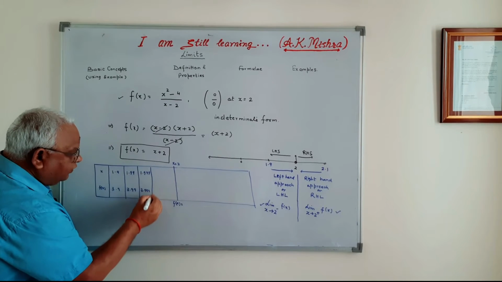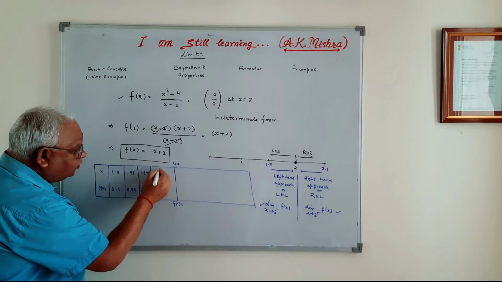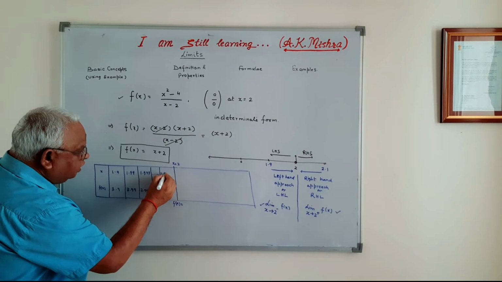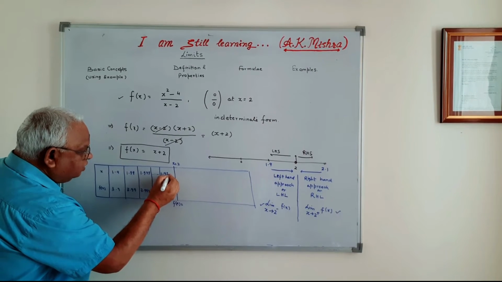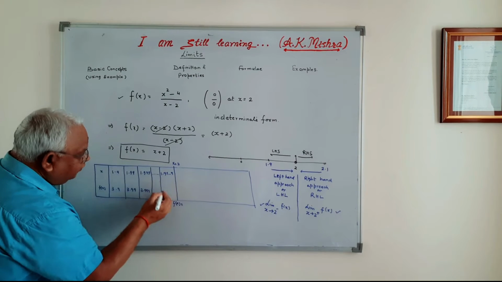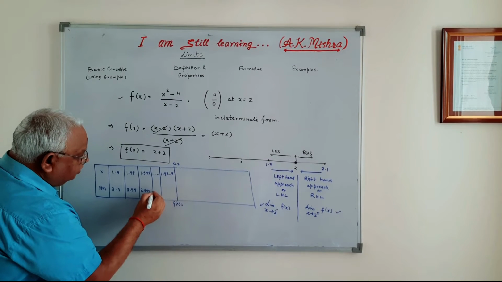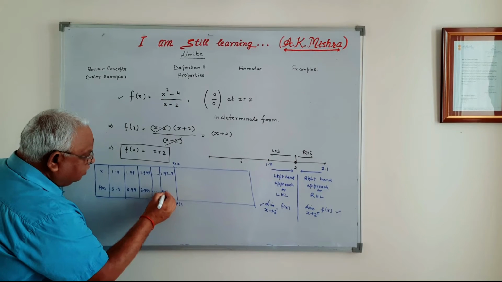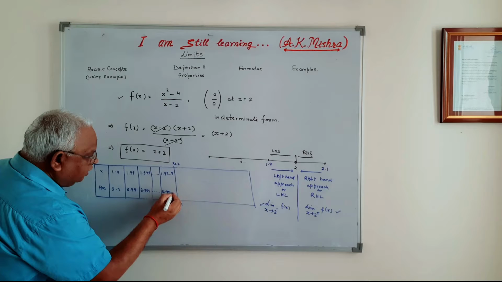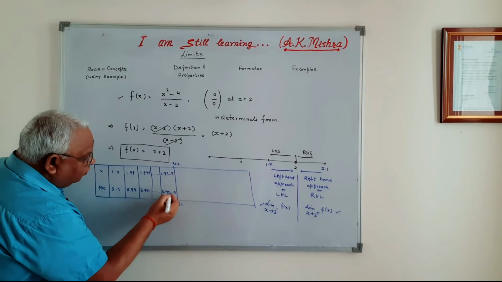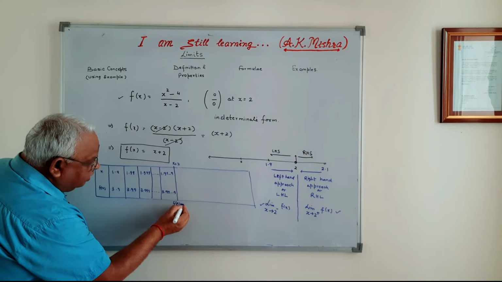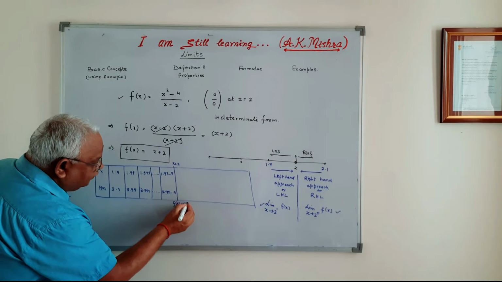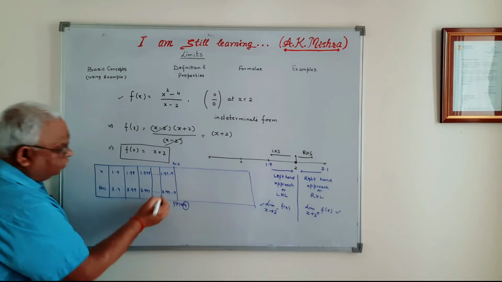And likewise, when we move very close to 2, that is 1.99999 with so many nines, f(x) will become 3.9999. So basically f(x) is approaching very close to this value 4.